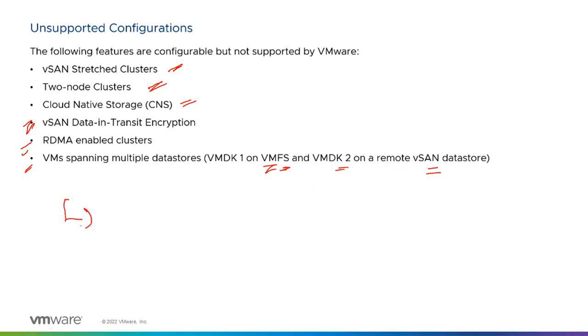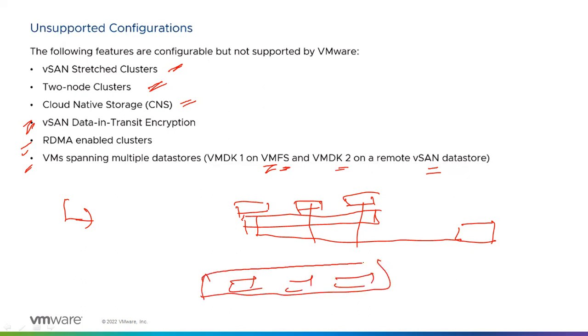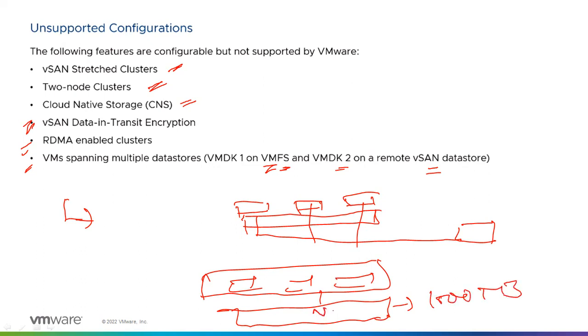But the important thing to know here is, sir, I have a cluster where I was earlier leveraging remote SAN storage. Now I brought up a vSAN cluster, and under this I have a huge amount, for example 1000 TB of vSAN data store.